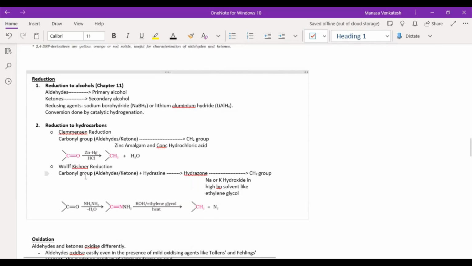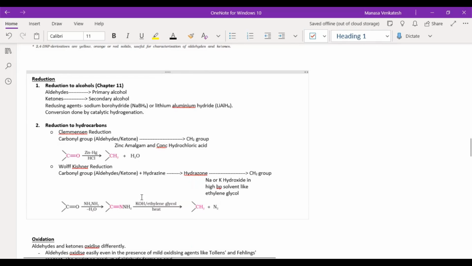But not only that, Wolff-Kishner consists of another step in between. Carbonyl compounds react with hydrazine to give us a hydrazone. And this hydrazone reacts with sodium or potassium hydroxide in a high boiling point solvent like ethylene glycol. And when that happens, it gives us a CH2 group and nitrogen gas.